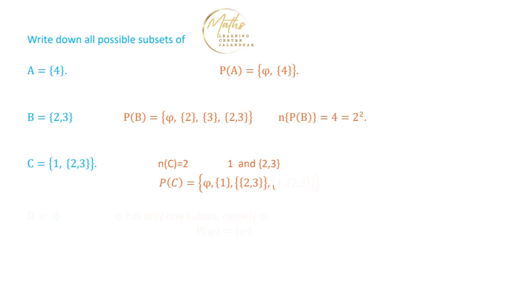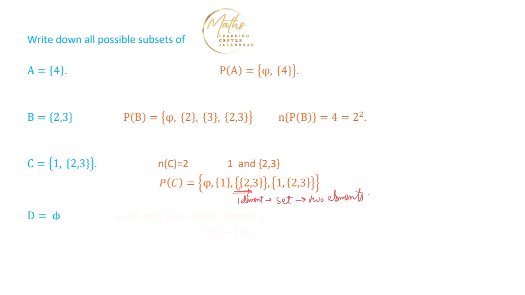It is important to note that this is the set which contains one element, and that element itself is a set which further contains two elements. Next we have to write the set which contains both elements of this set C. So this is the power set of C.